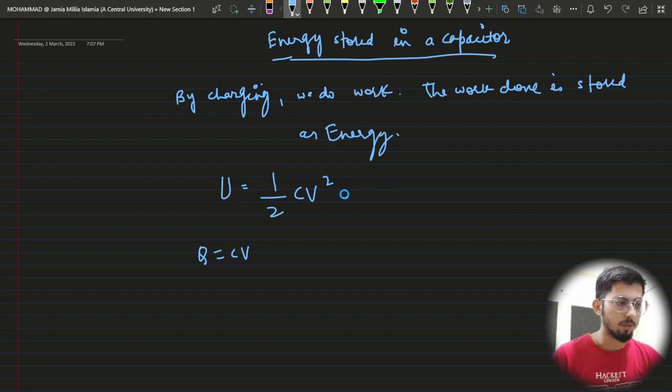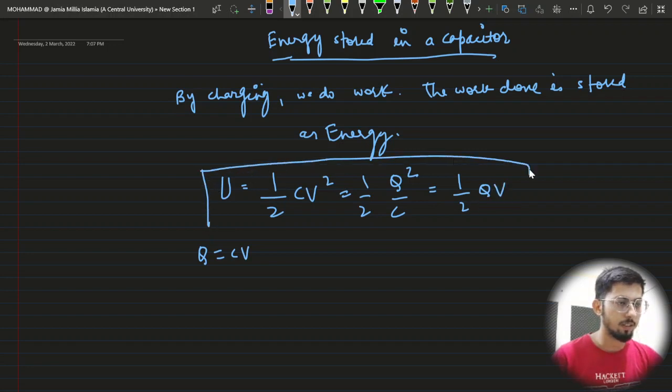Other forms of this are half Q square by C, and it is also equal to half into QV. These are all the same things. So this is the energy stored in a capacitor.